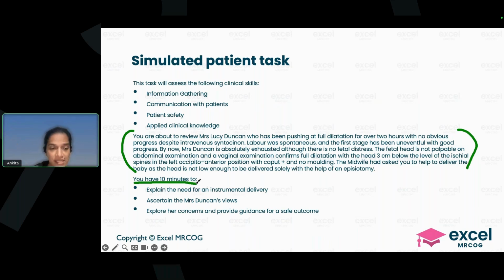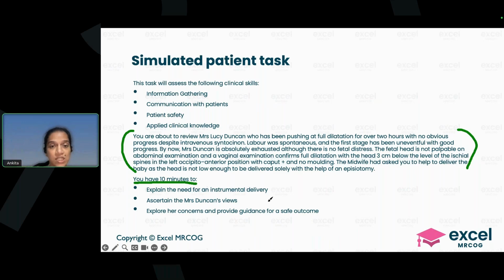In this case, they have said your task is to explain the need for an instrumental delivery, ascertain her views, explore her concerns, and provide guidance for a safe outcome. So you know that she has certain concerns, she has her own views, and you need to explain to her about instrumentation. That is what you need to understand.